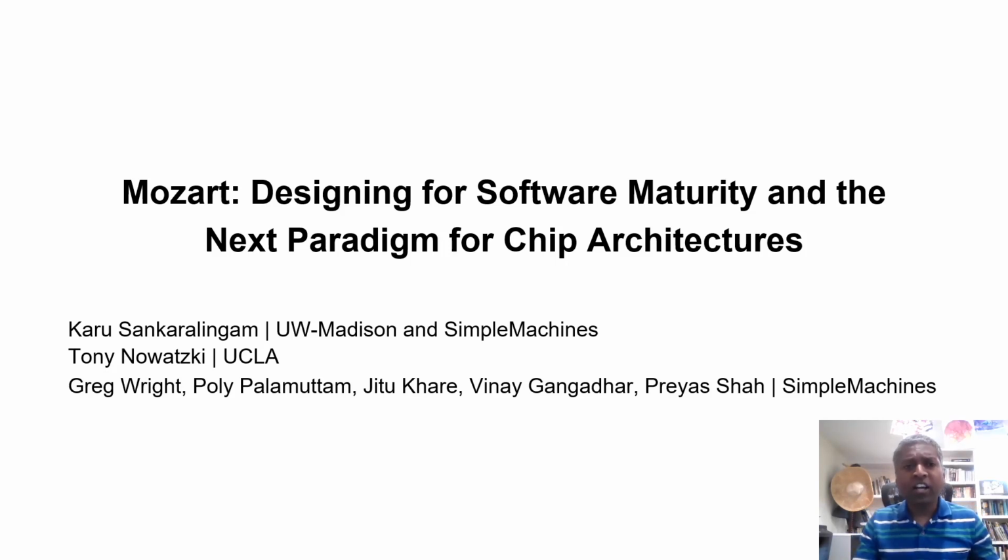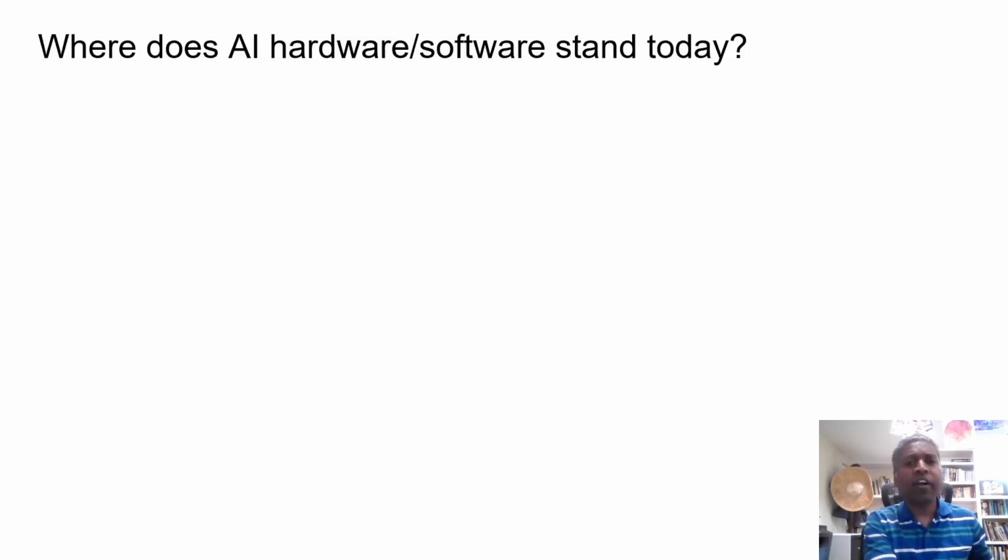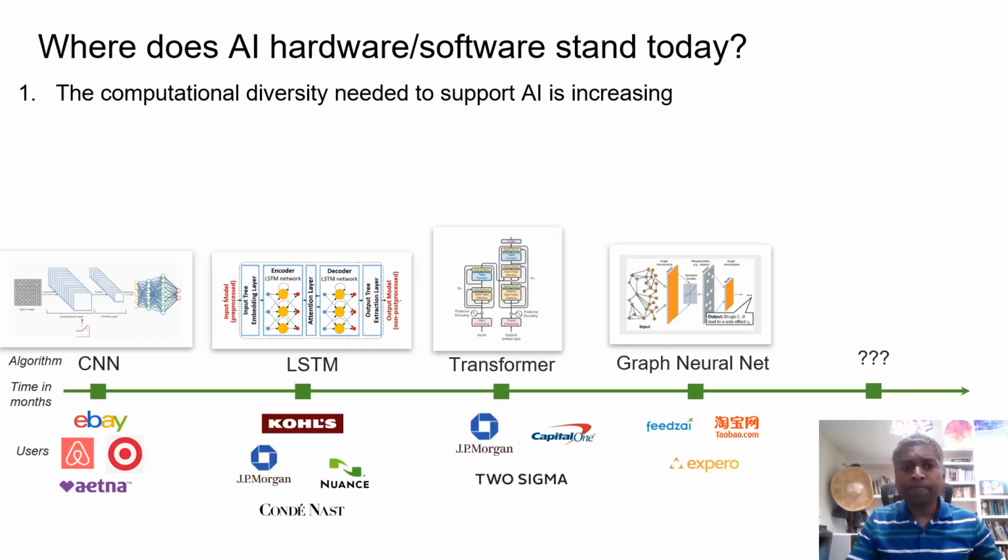So to begin this talk, let's look at where AI hardware and software stands today. First, the computational diversity in AI is increasing, starting from CNNs and ResNet about 5 years ago. We've had very dramatic evolution, including very new DL architectures like LSTM, transformers, and most recently graph neural networks and other things that are coming up every year.